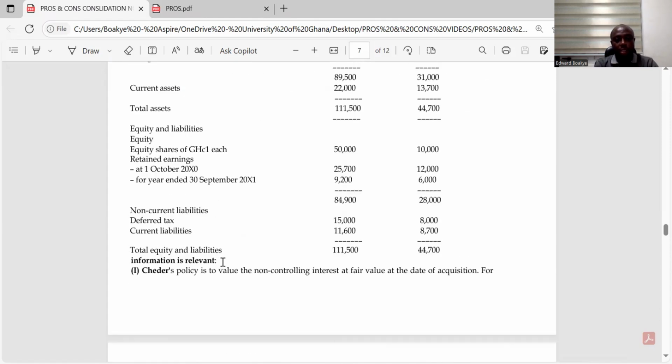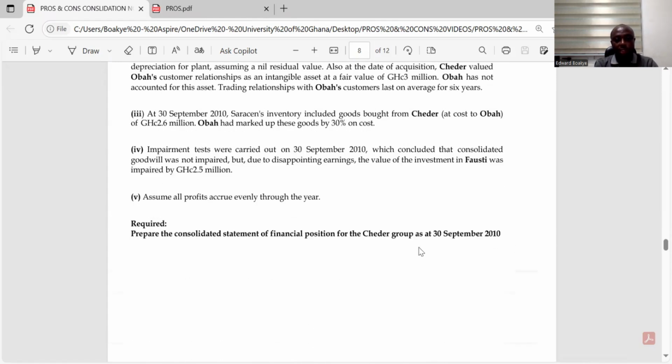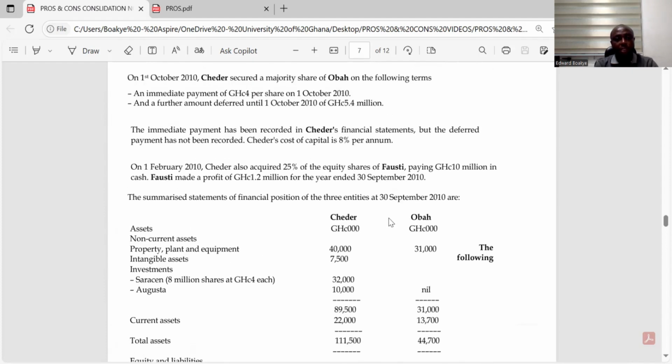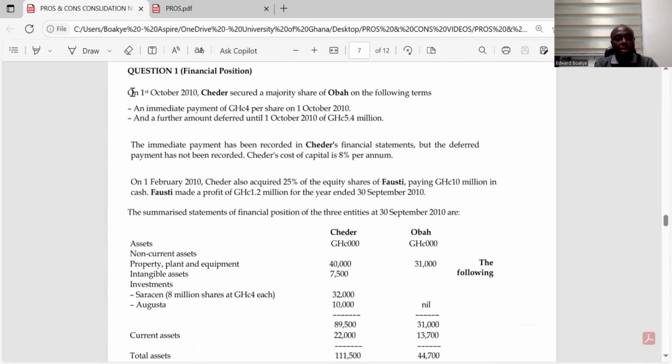And then the reporting date, as the question is given to you, is 30th September 2010. You purchased the company 1st October 2010. So on 1st October 2010, Cheddar secured a majority share of Oba on the following terms, right?